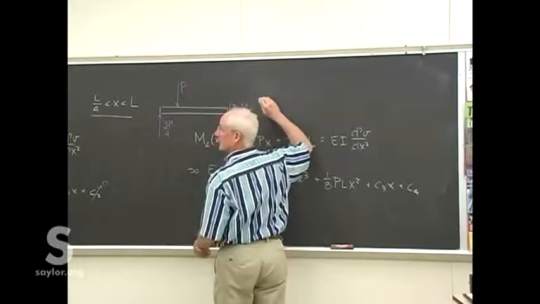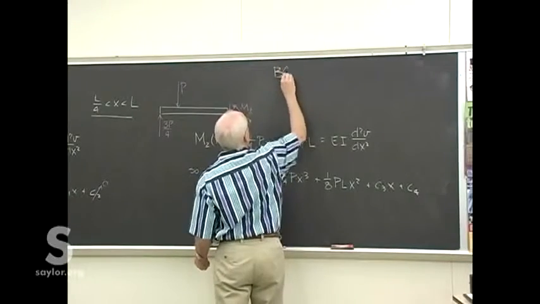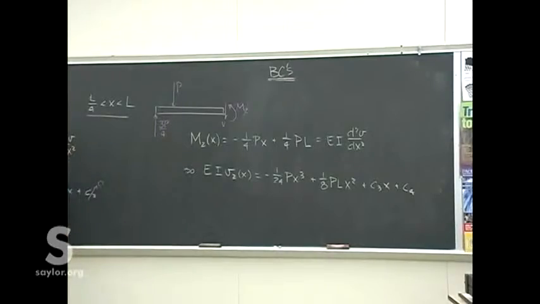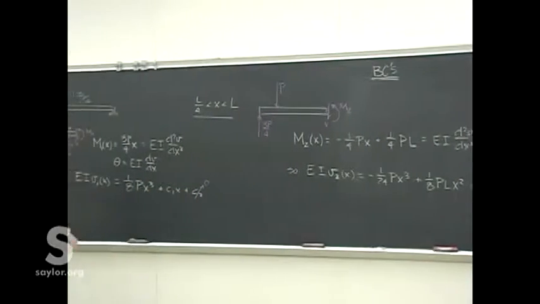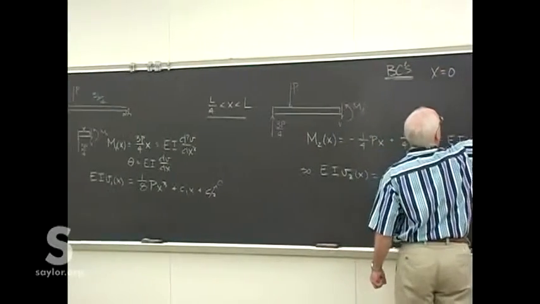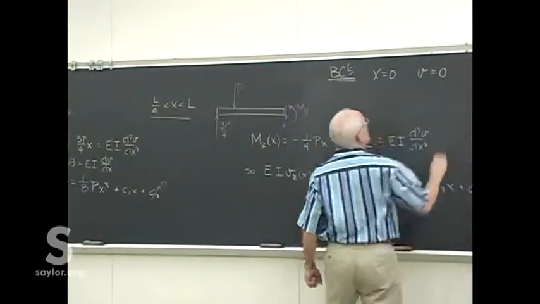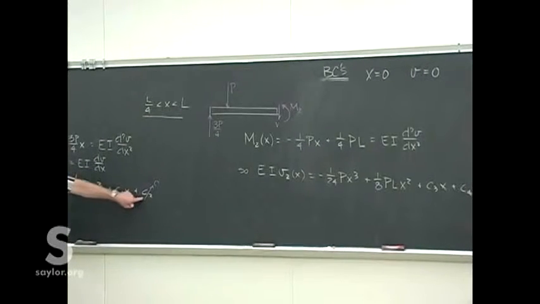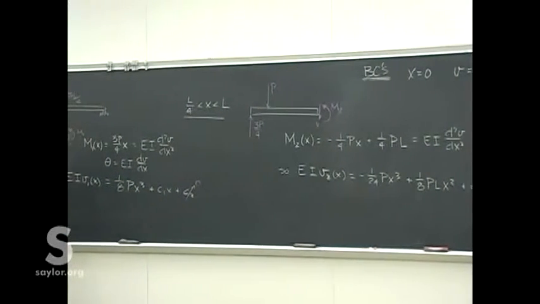So, for the boundary conditions, we're going to need to solve for these 4 unknowns. One we've already taken care of. At x equals 0, v equals 0. So we've already applied that one. That makes C2 0.